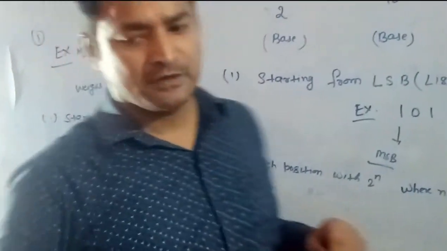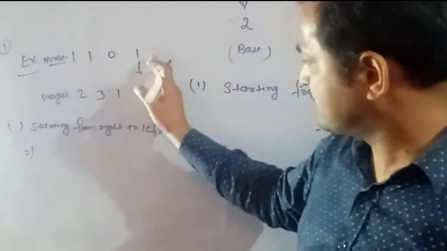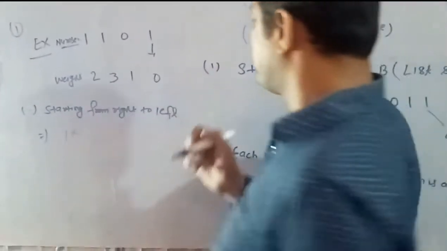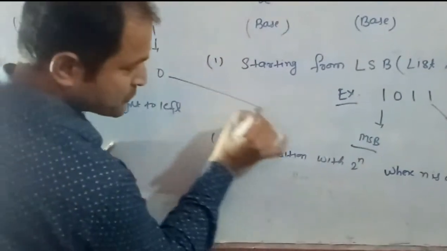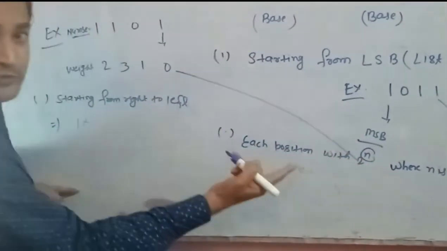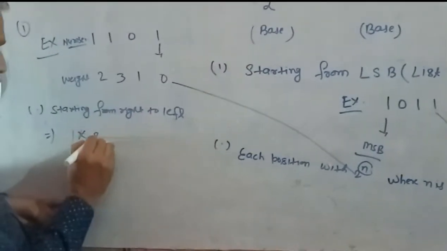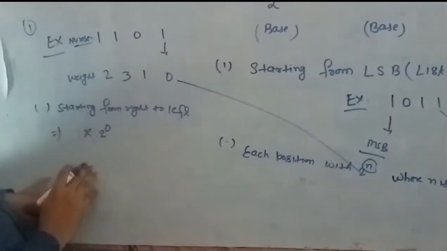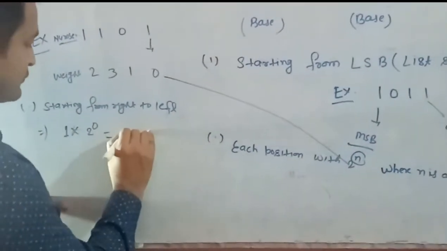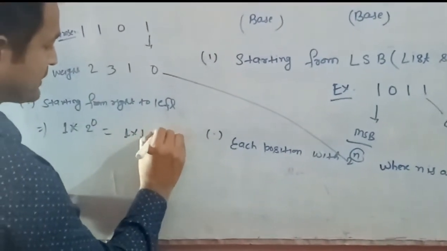Let's start. My dear student, 1 multiplied by 2 to the power 0, where n is the position. I hope every student agrees. 1 times 1 is 1.